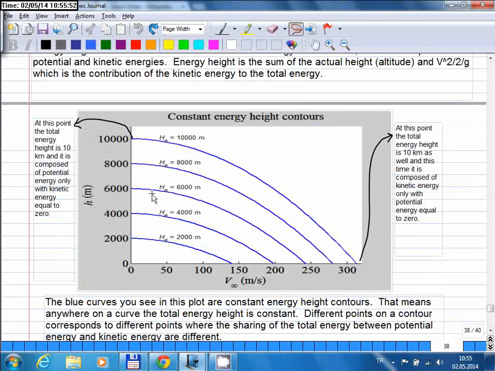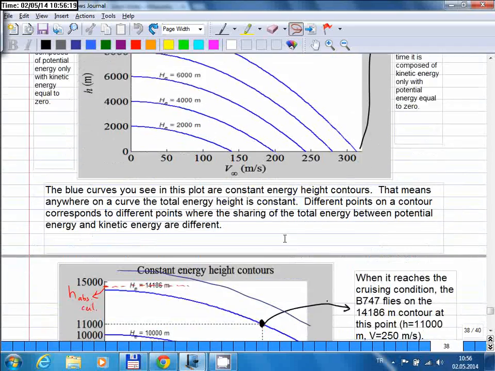So at every point on this curve, for example, the total energy height is 6,000. But on this end, where the speed is 0, the entire energy height is composed of actual height. But if you come to this end, the actual altitude is 0, and the total energy height is still 6,000, but that 6,000 entirely comes from the kinetic energy of the aircraft.